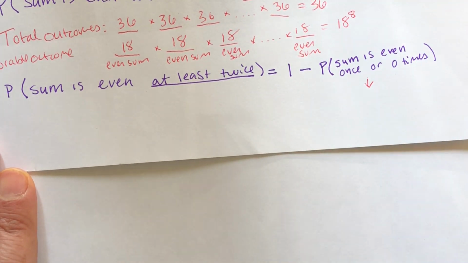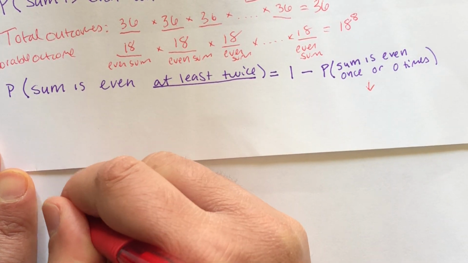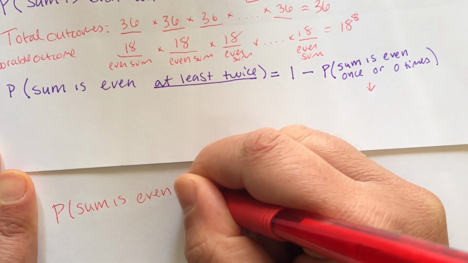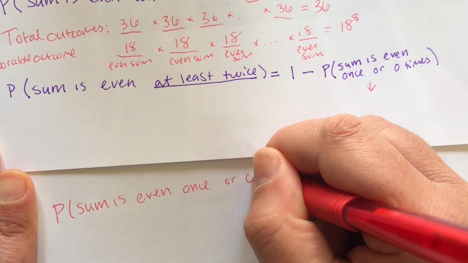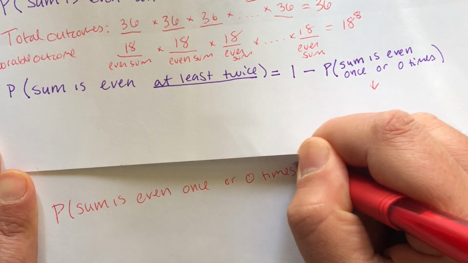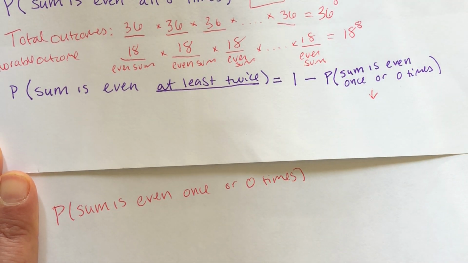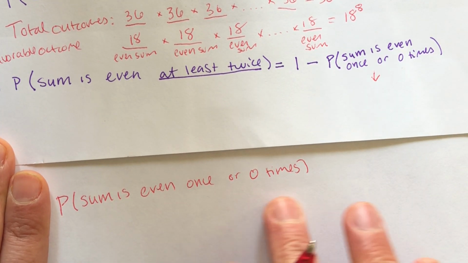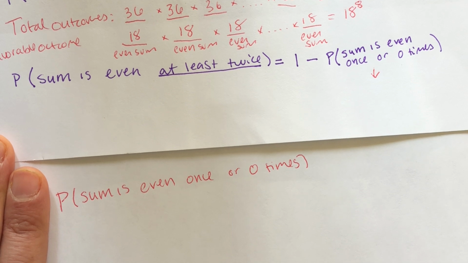Okay, so if we want to find the probability that the sum is even once or 0 times, then we're looking for the number of outcomes where the sum is even exactly once or it's odd every single time.